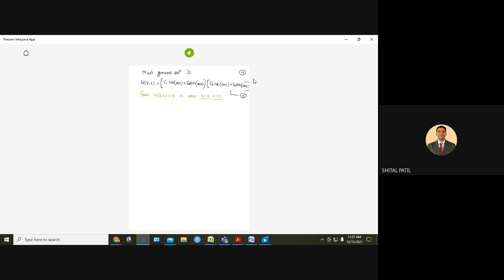x equal to 0 implies u equal to 0. Substitute. C1.